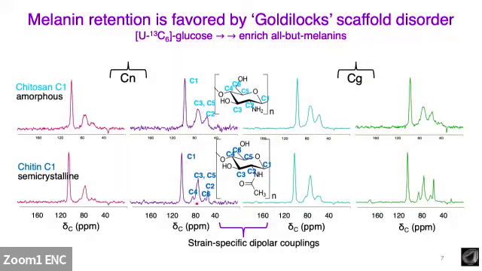And you can see, particularly in this bottom one with chitin, that it's the same peaks, but both their line widths and their relative intensities with respect to the diagonal are changed. So that's basically telling you that the dipolar couplings or the averaging of the dipolar couplings are different. The degree of rigidity and order differs when you have one strain versus the other.